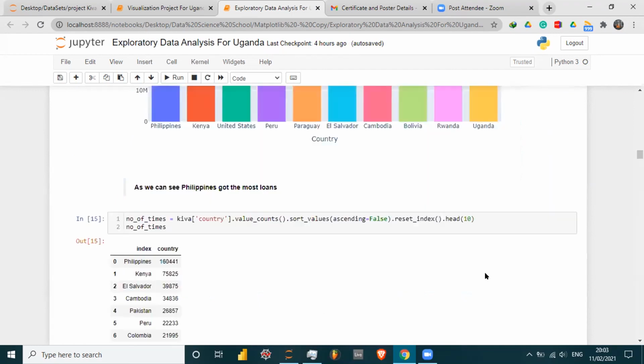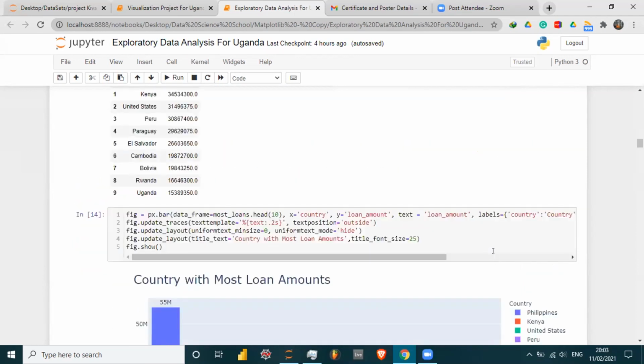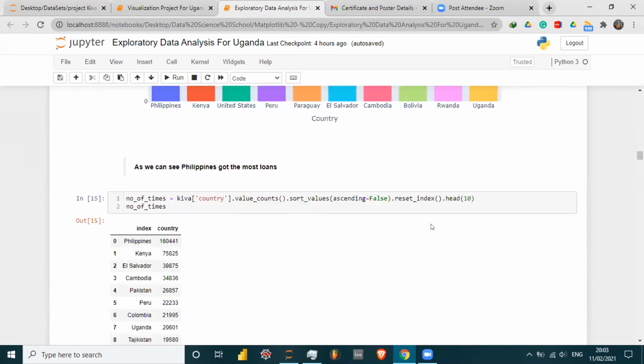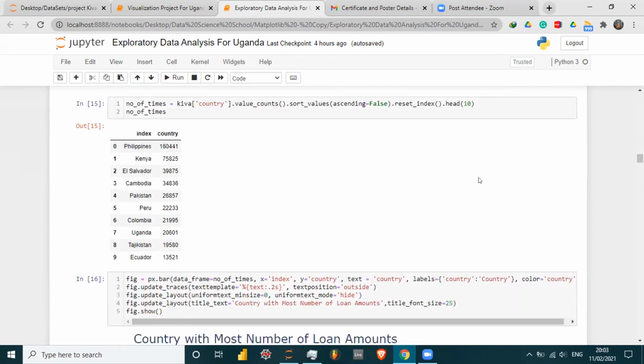For the next question, it asks whether the number of times a country is referenced relates to the quantity of loans it got. So I went ahead and did the value counts for the whole Kiva data again.